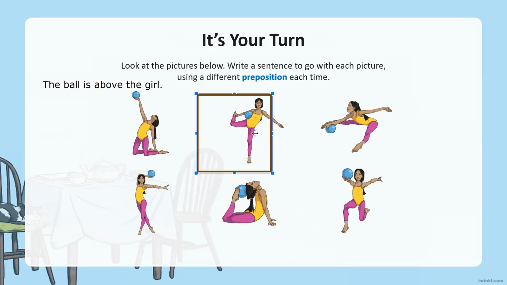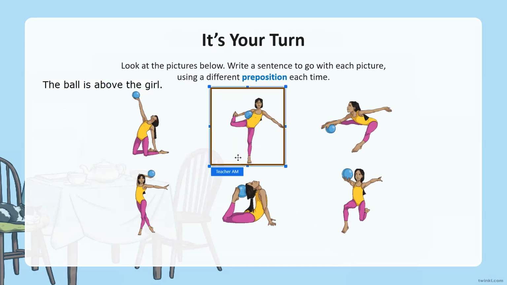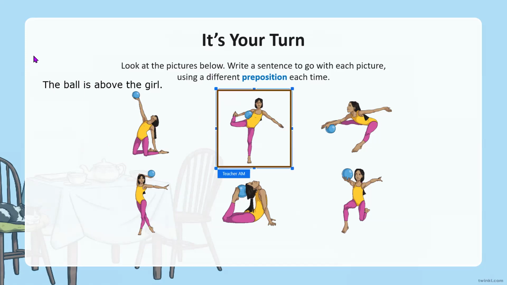Okay, now your turn, Dolin. How will you say this? Where is the ball? The ball is... Is it in?